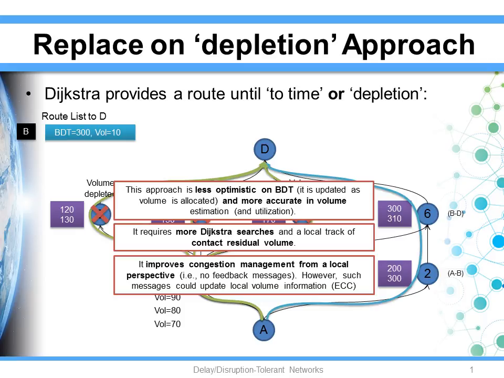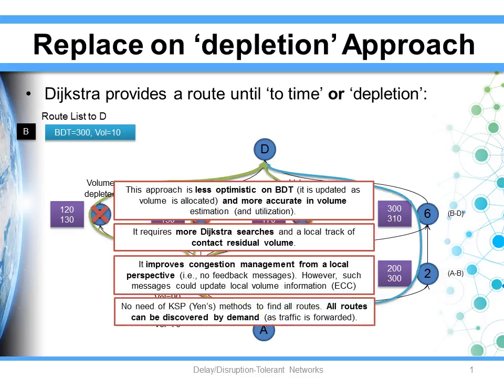However, if such messages were present, such as in estimated capacity consumption, which is one of the approaches proposed by Rain, and I think there are other similar approaches proposed by other people, those feedback messages could be used directly to update the local volume view of the contact graph. If not present, this would even improve the congestion management capability of the previous approach.